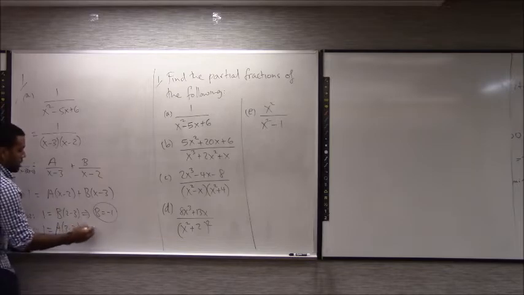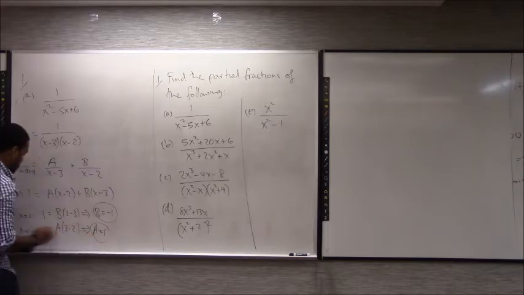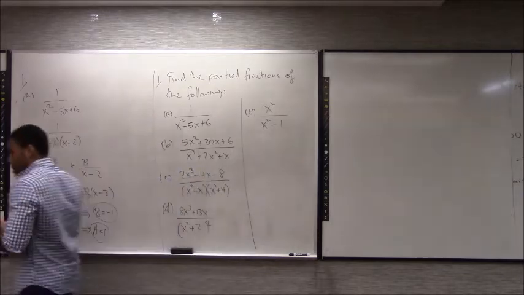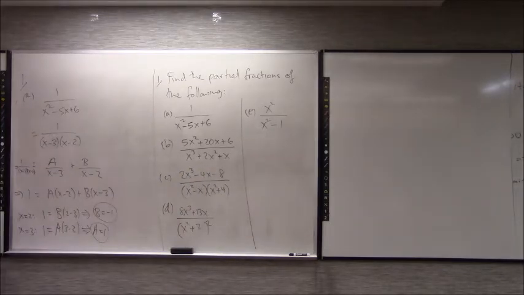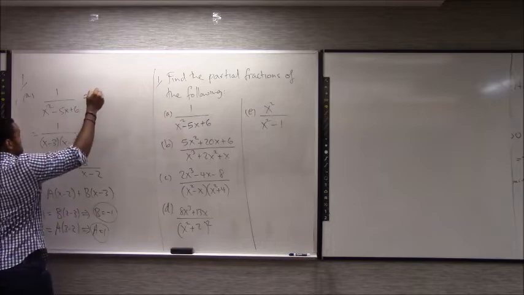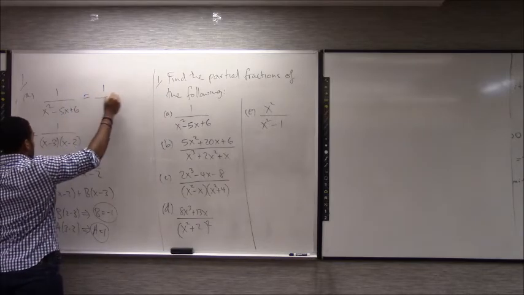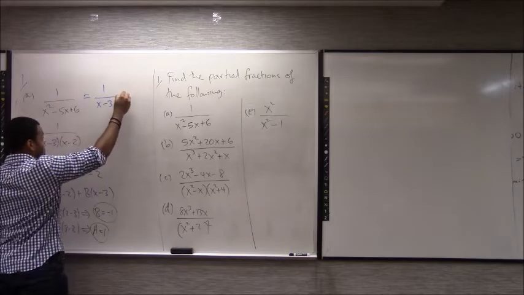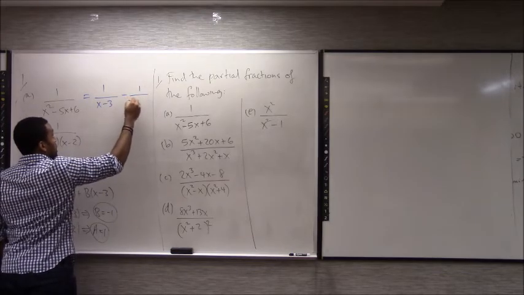So that means that a equals 1. And so it turns out the answer to this one is, this can be broken up into 1 over (x minus 3) minus 1 over (x minus 2).